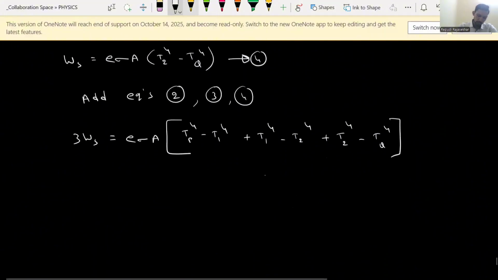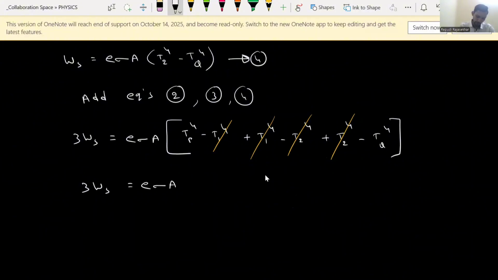Now cancel the terms. Minus T1 power 4 plus T1 power 4, minus T2 power 4 plus T2 power 4 cancel. So remaining is 3Ws equals to E sigma A Tp power 4 minus Tq power 4.